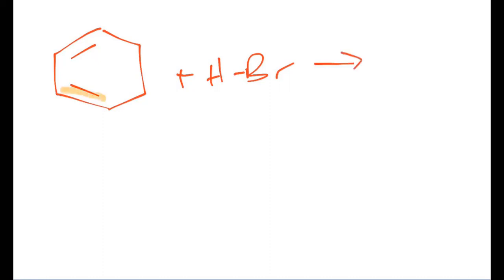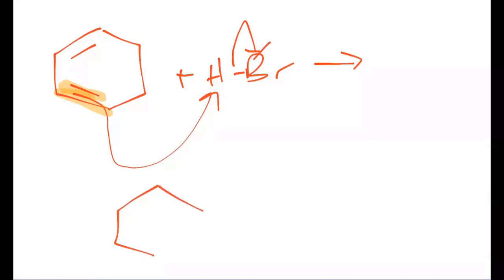So let's pick this one. That okay? Yeah. If you want to do the second one, you can work through it on your own time. So we're going to go through the mechanism. We're going to attack the HBr. Based on that, we're going to get an intermediate.